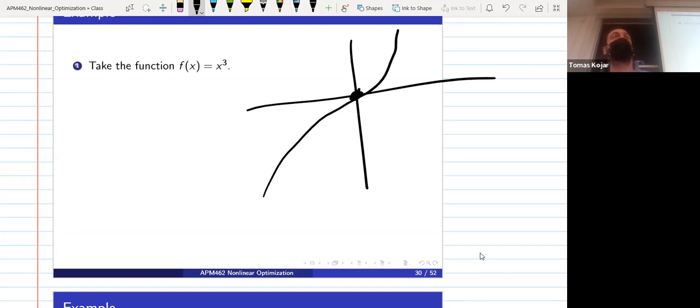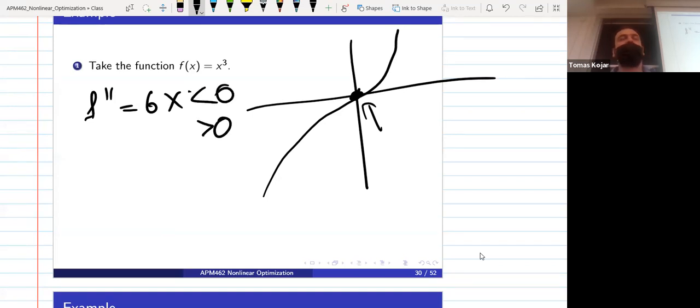We have a word for it from first year. When the f double prime is equal to 6x, right? And what is it called when it goes from negative to positive? Like the concavity changing.